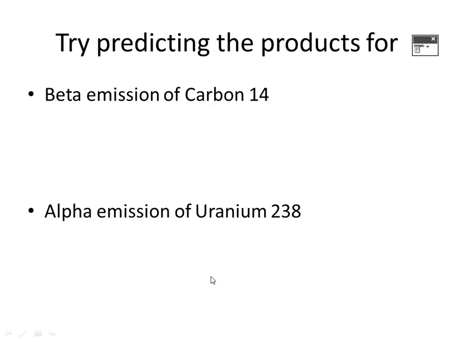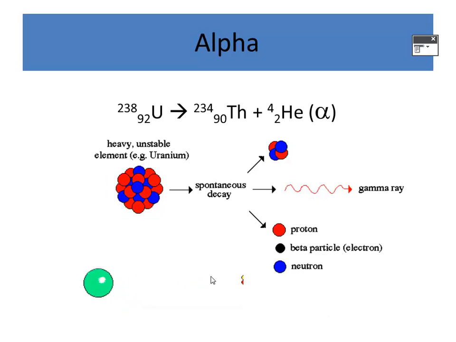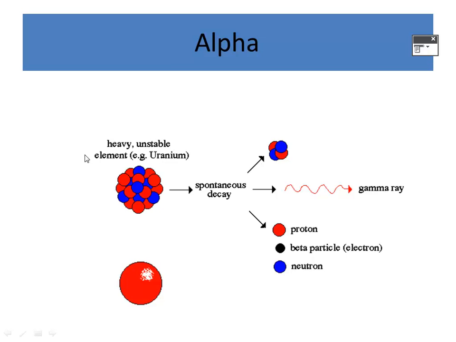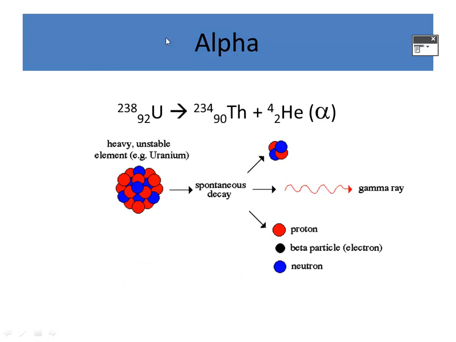The emission of uranium-238, which I believe I gave in the example, gives thorium-234 and 90. Notice that the numbers all add up. You can figure out what the product is, because 90 plus 2 is equal to 92, and 234 plus 4 equals 238. So you guys can always check your work here. Make sure that it does add up correctly.